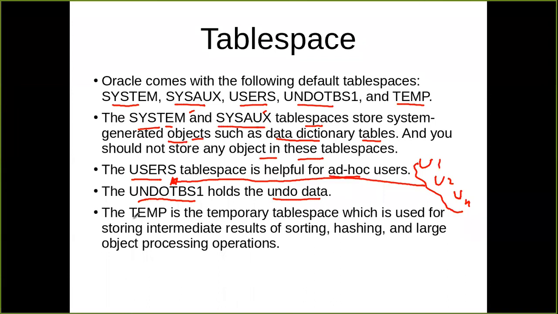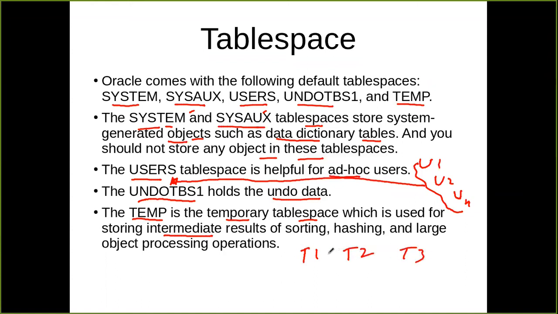Then there is another table space, that is temp, which is the temporary table space, used for storing intermediate results. For example, when I retrieve data from tables and I have to join them. Suppose I want to join table 1, table 2, and then table 3.